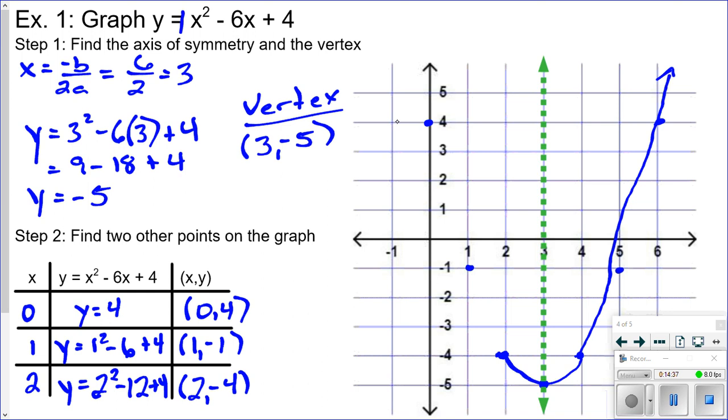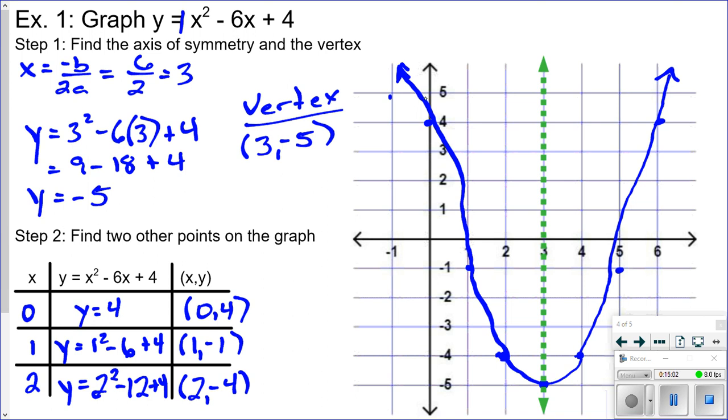Like I said before, I'm not an artist in any way, and this tablet I'm using is not the easiest thing to draw lines on, especially straight lines. So that's supposed to look like a U. So I'm going to have to ask you to use your imagination. And there's arrows on the end of this because this continues on forever.